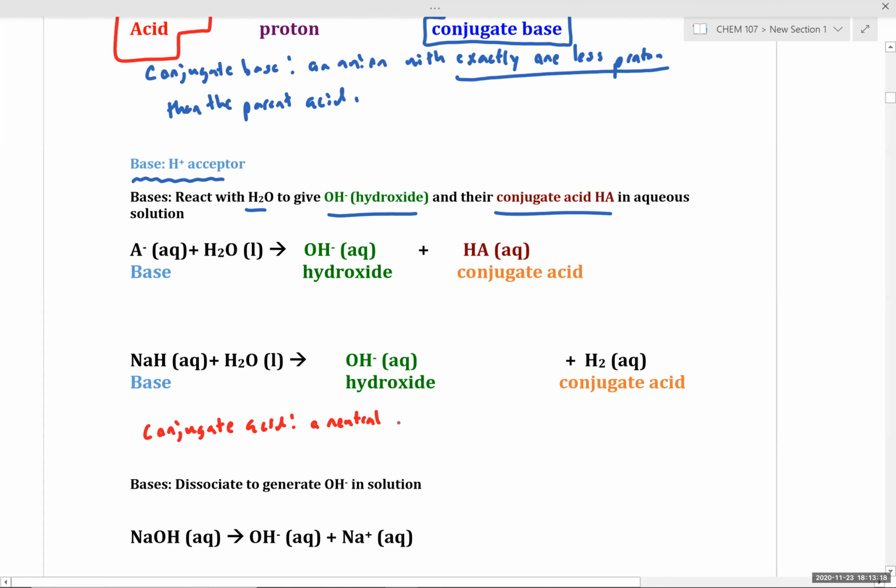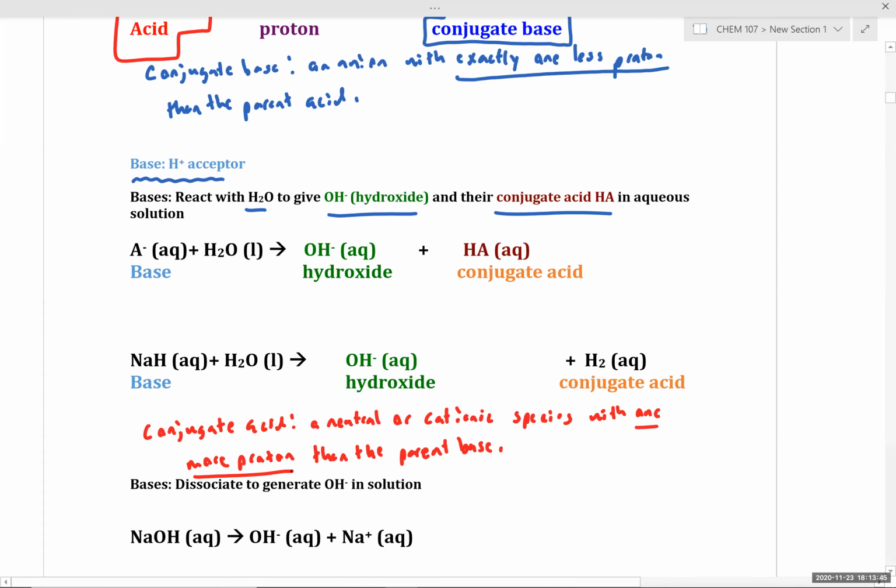It's a neutral or cationic species with one more proton than the parent base. So again, the only difference is one proton.